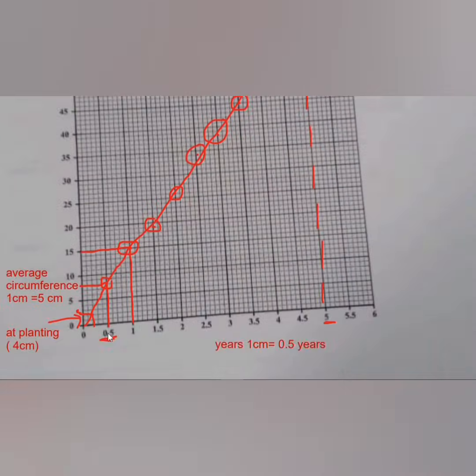So we have here time being 0.5 and we have 8 over this side, average circumference. So we have where 0.5 is, which is right here. So we just need to find where 8 is on our average circumference. Now they do not have the literal number 8 written here, but you can figure out where 8 should be.